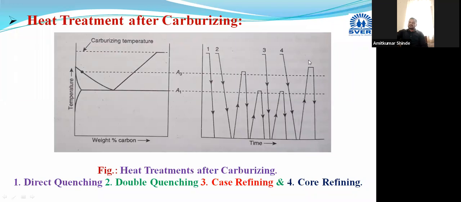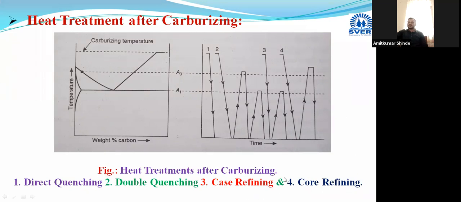So in this way, by using different cooling rates and different heating zones, we can do the quenching. After performing the carburizing heat treatment process, a quenching heat treatment is required. That can be done in four ways: direct quenching, double quenching, case refining, and core refining.